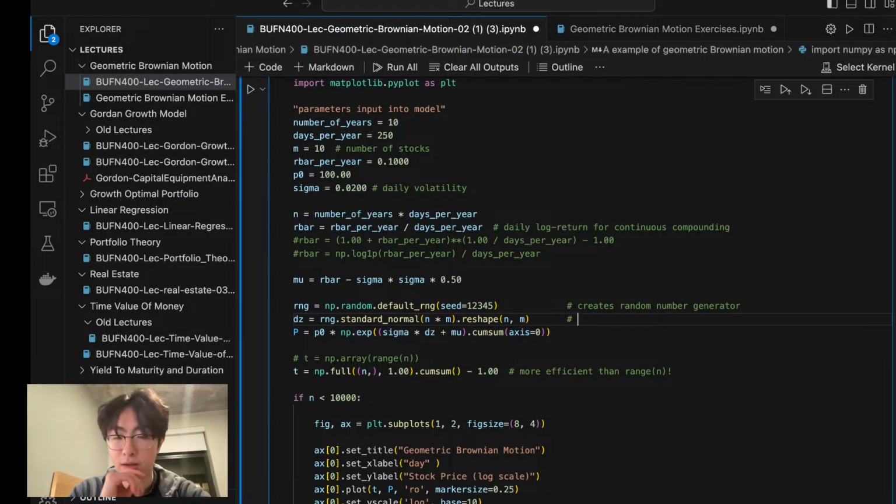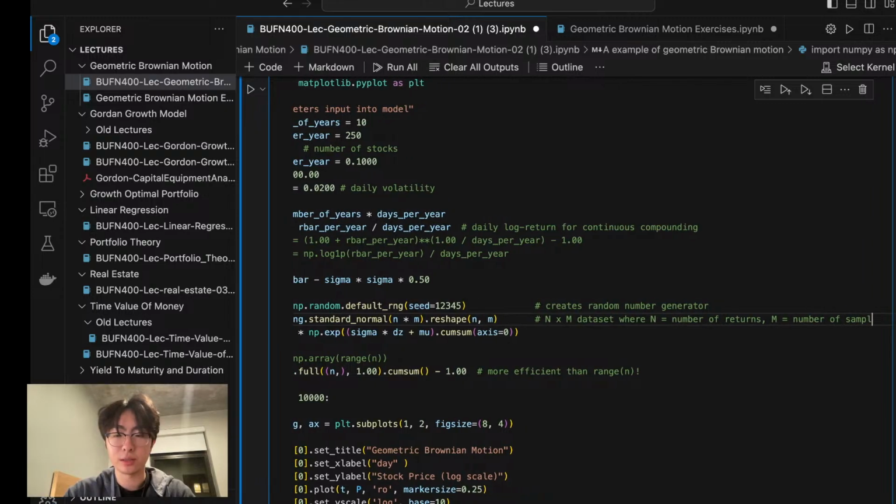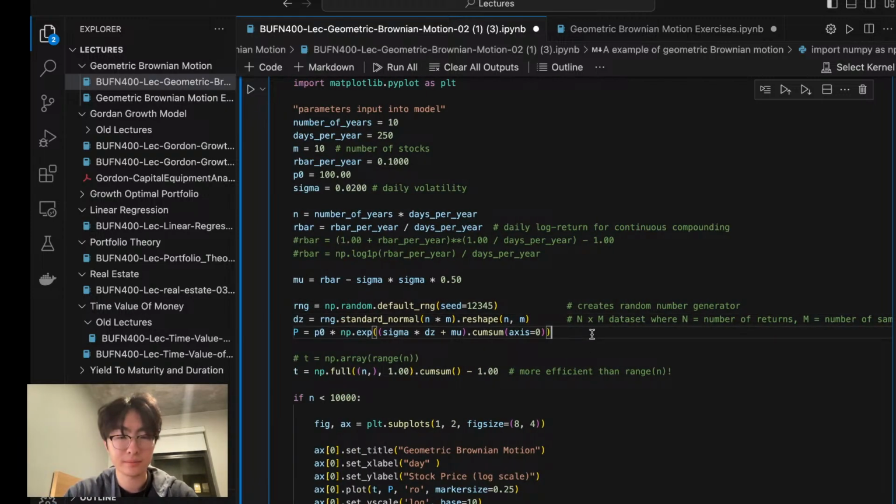And this data set will have n rows and m columns. So we'll call this an n by m data set, where n is equal to number of turns, m is equal to number of sample paths. Right.